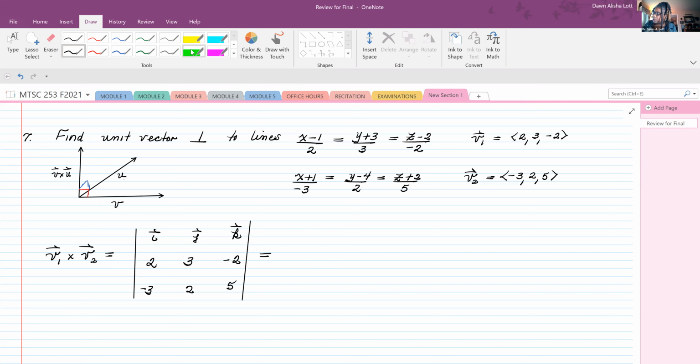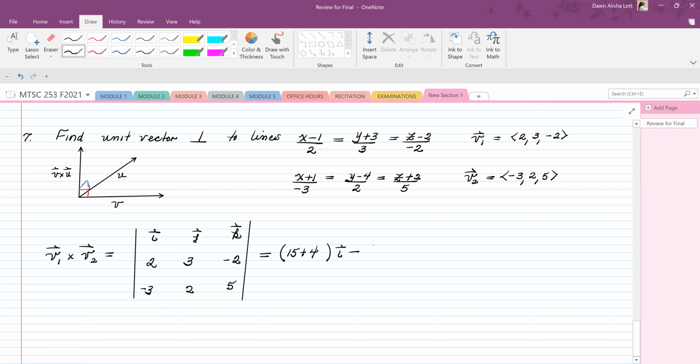So you're going to have i, right? So you're going to cross off this row and this column. And then the next one. Yes. So you get 3 times 5 is 15, minus a -4, so plus 4.